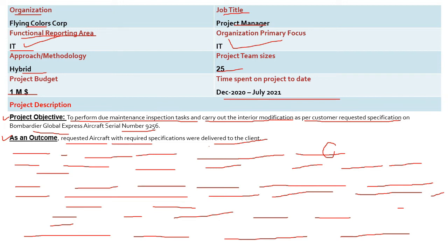So let's move on further and see the project outcome. Of course, whatever the objective was, there should be an outcome. You write something like: the requested aircraft with required specifications was delivered to the client. This is the outcome. Then start writing "me as a project manager." In place of project manager, write your exact job title.